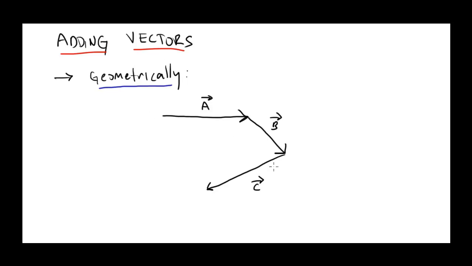Now if these were our 3 vectors and we put them in this fashion, tip to tail, we could then go ahead and determine their sums geometrically.